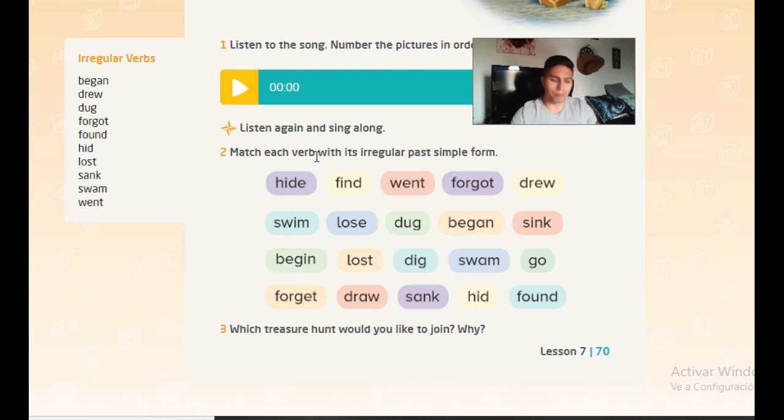Remember, these flashcards are going to help you. You are going to look for the present form, and you are going to match it to the past form. So for example, I'm going to go to begin, I'm going to circle begin with a color, and I'm going to go to began and circle it with the same color, right? Or you can draw lines.